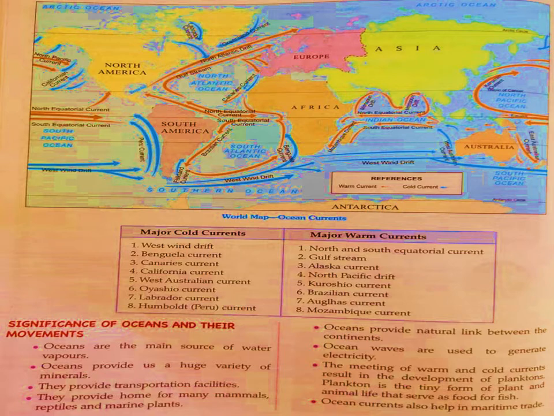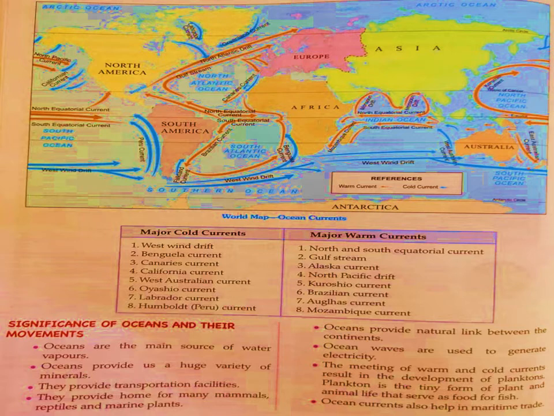And now we'll have a look at warm currents of the world. We have North and South Equatorial Current, then Gulf Stream, Alaska Current, North Pacific Drift, Kuroshio Current, Brazilian Current, Agulhas Current, Mozambique Current. So these are some of the warm currents.